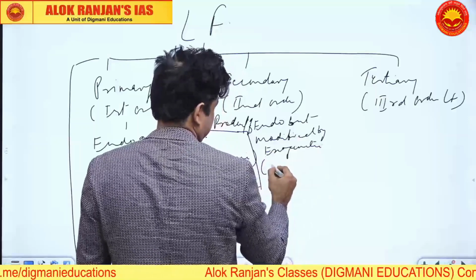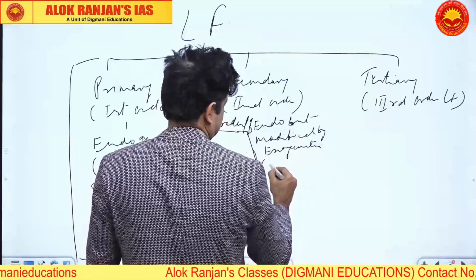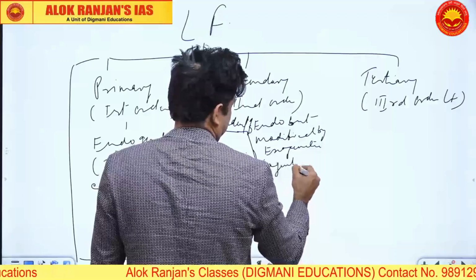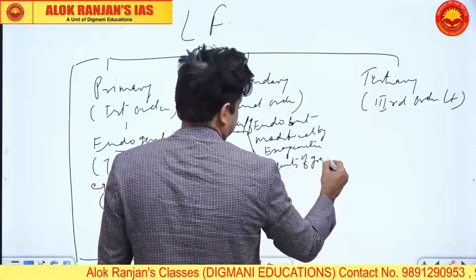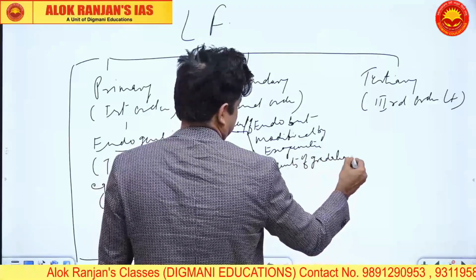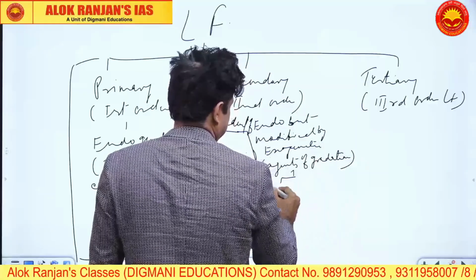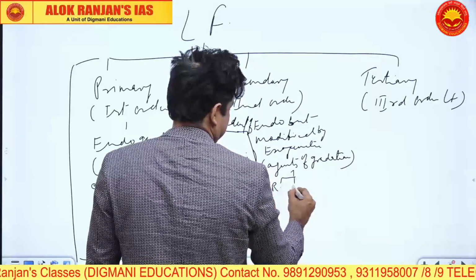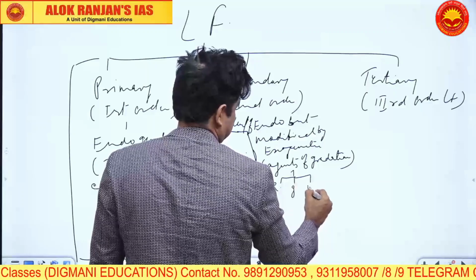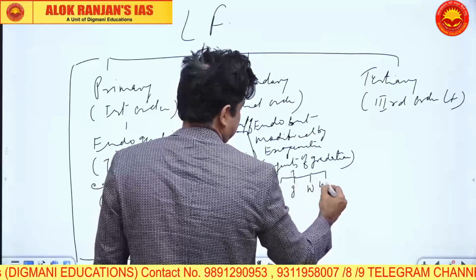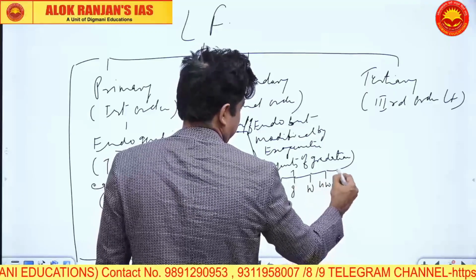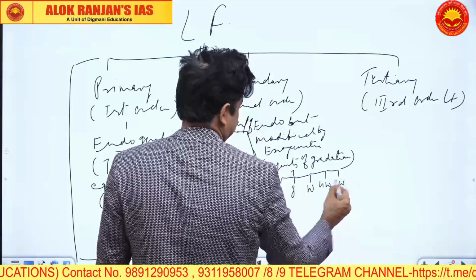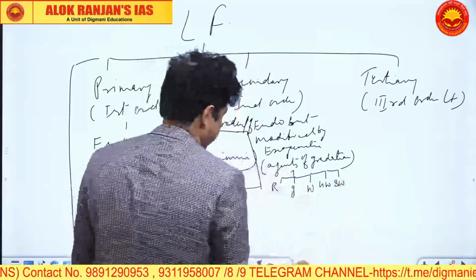Exogenetic meaning the agents of gradation, like the river, the glacier, the wind, the groundwater, and the sea waves. They are called exogenetic forces.